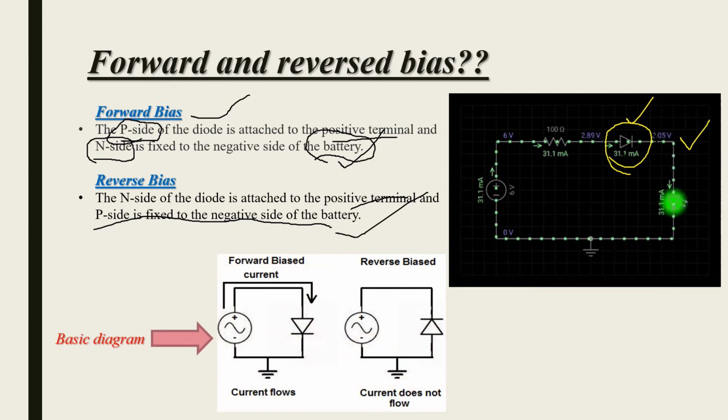See, this one is reverse bias and this one is forward bias. I already told you that when the positive terminal is connected to positive, then it is forward bias, the flowing of current is in this direction, and in reverse bias the direction is changed.